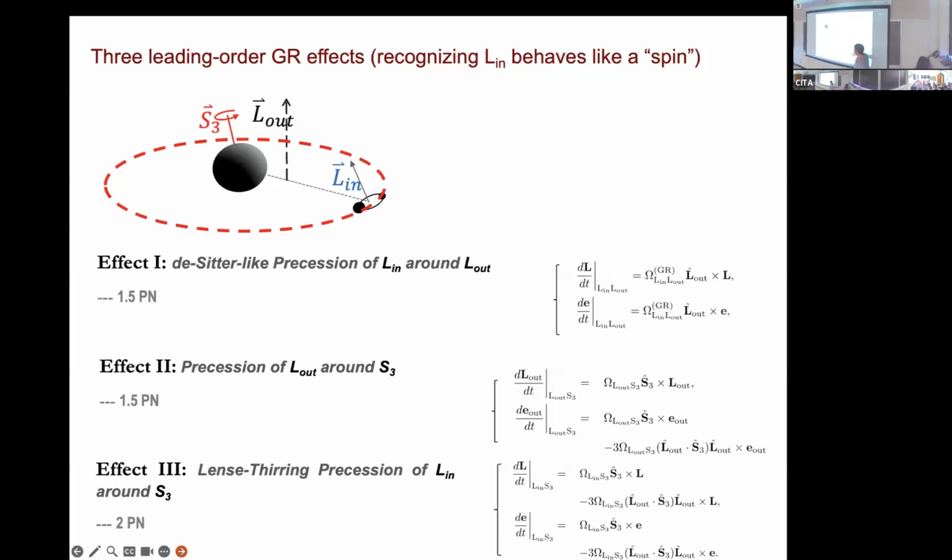If you treat this as a spinning top, this is basically the binary problem. This is the orbit, and you can easily imagine this is a spin. Then basically it's a binary problem, which has been studied before. So there are several of these GR effects one can study and incorporate into the secular dynamics of Kozai oscillation.